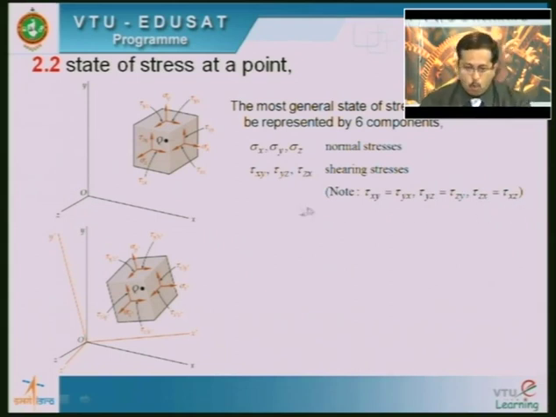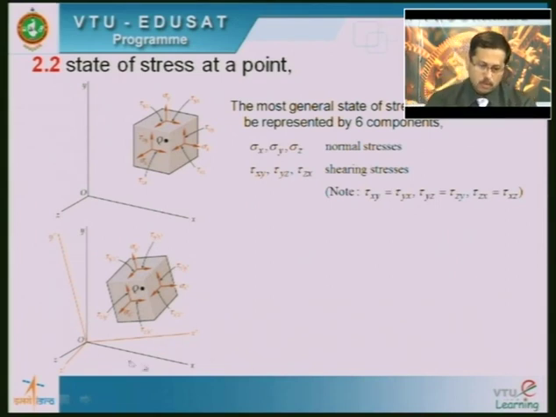Now what happens if this state of stress is rotated by an angle theta, which is indicated here? If this is theta, similarly this would also be theta and this would also be theta. If it is rotated, then you get a new state of stress, which is sigma x dash, sigma y dash and sigma z dash, and correspondingly tau x dash y dash, tau y dash z dash and tau z dash x dash.